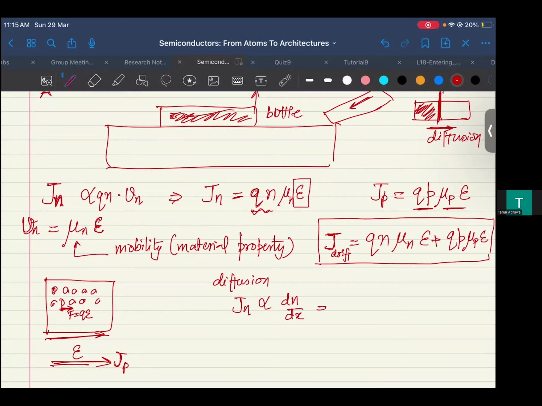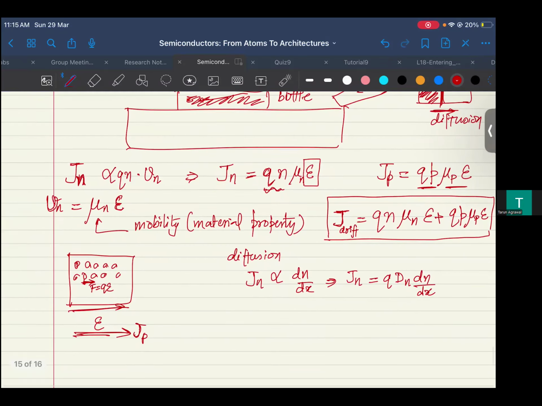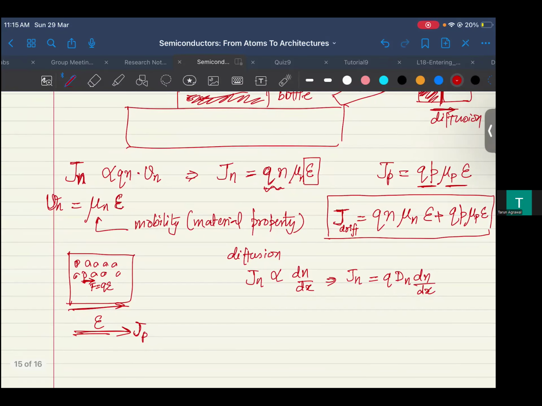And this proportionality constant is what we name as the diffusion coefficient. We talked about the physical meaning of this diffusion coefficient also. So this is the diffusion current due to electrons.